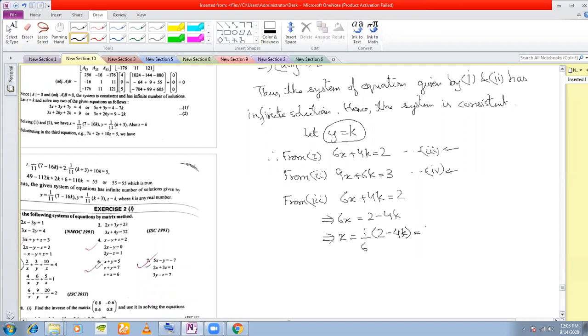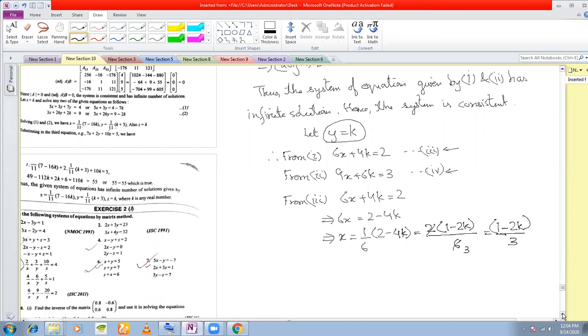Which is, if you take 2 common, you get 1 minus 2k divided by 6. Cancel this, you get 1 minus 2k by 3. So when y is equal to k, you're getting x is equal to this, 1 minus 2k by 3.